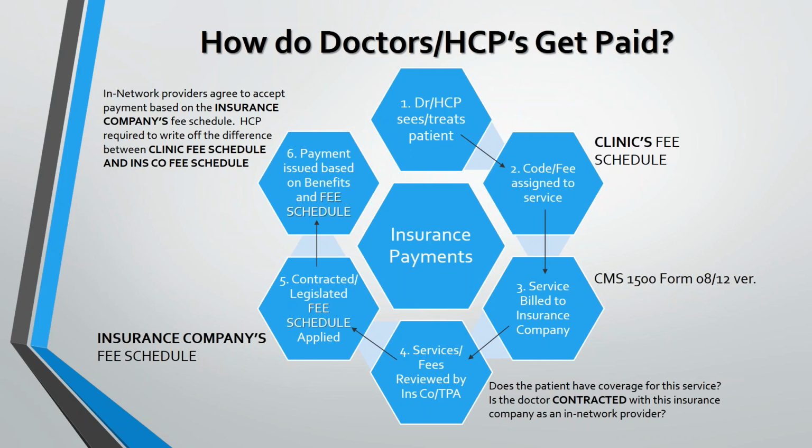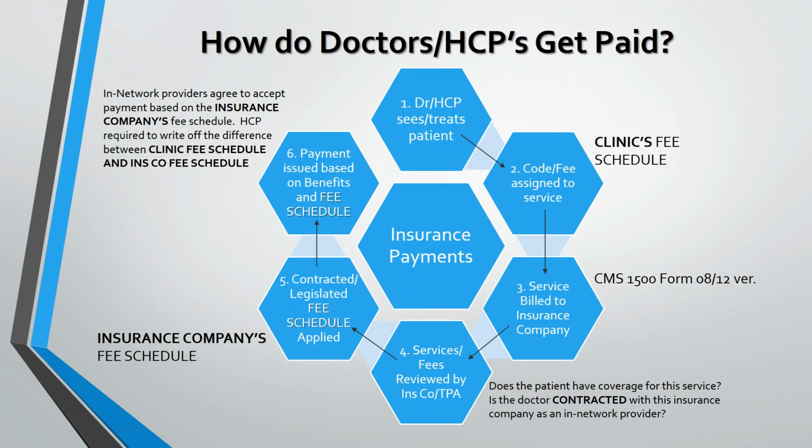So it will be billed out to the insurance carrier or the insurance company. We'll use the words insurance company, carrier, and payer synonymously in this webinar. So sometimes I may refer to an insurance company as a payer or a carrier, but they all mean the same thing.